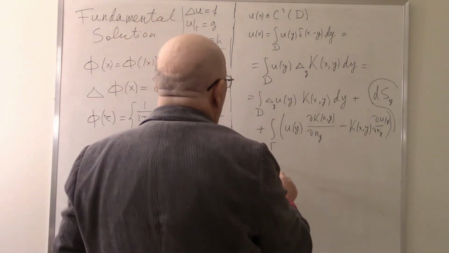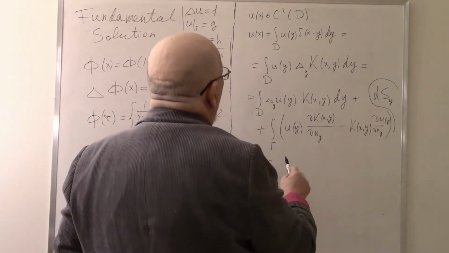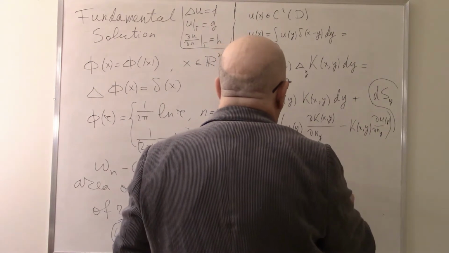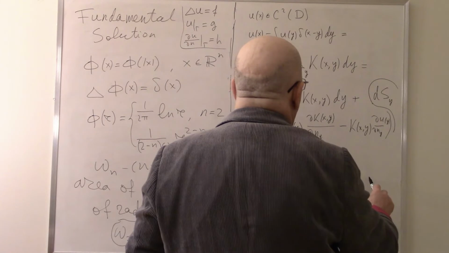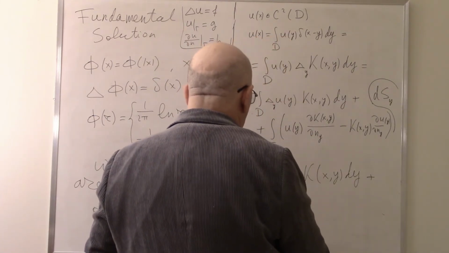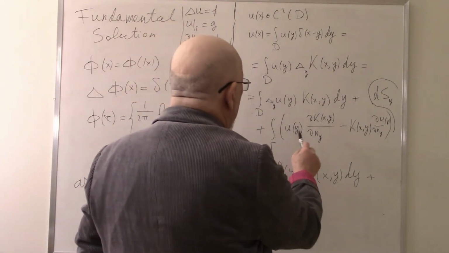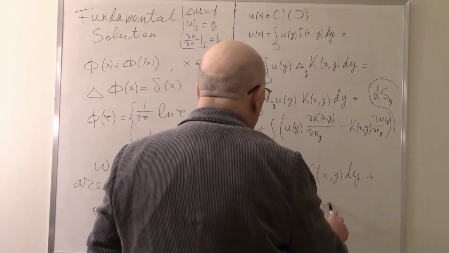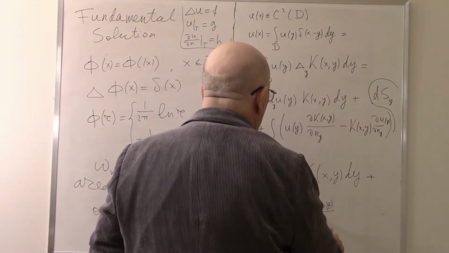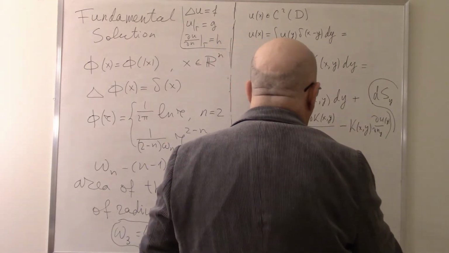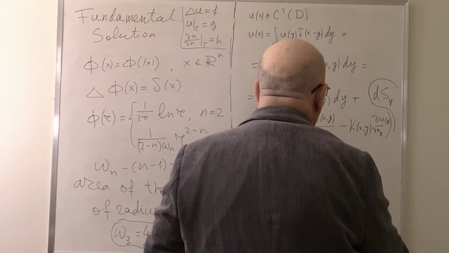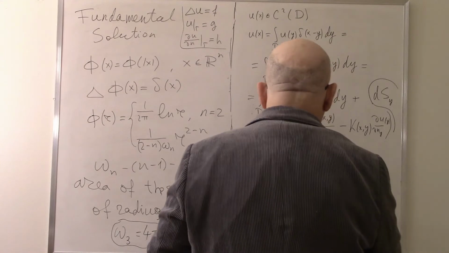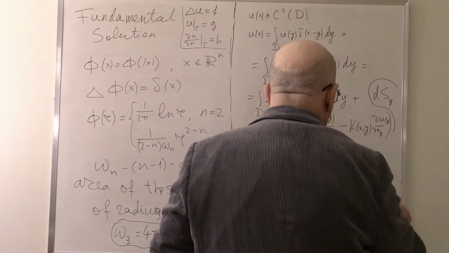So it is equal to the integral over D of f of y k of xy dy, plus the integral over gamma of g of y dk of xy over dn y, minus k of xy h of y, all this ds y.